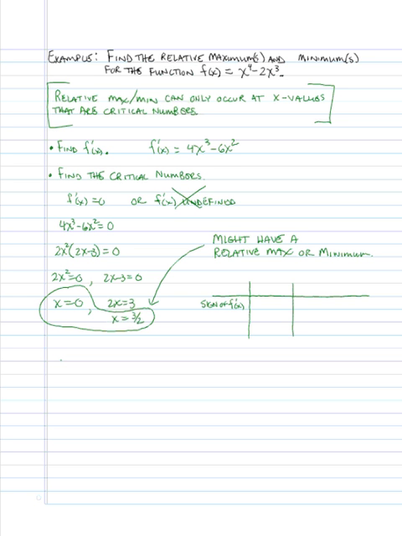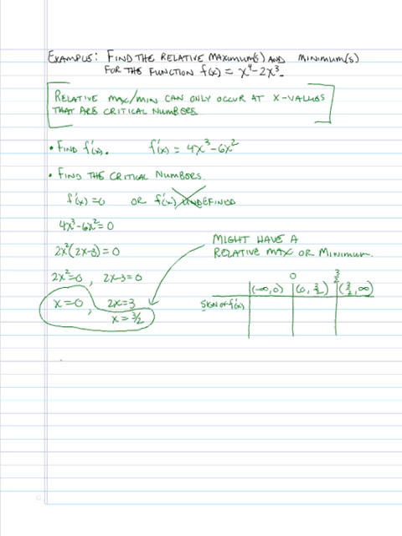And we're concerned about what? Well, our smallest value is 0. And then the next value we have is 3 over 2. And that creates 3 intervals for us again. From negative infinity up to 0 is one interval. From 0 to 3 over 2 is a second interval. And from 3 over 2 to infinity is a third interval.